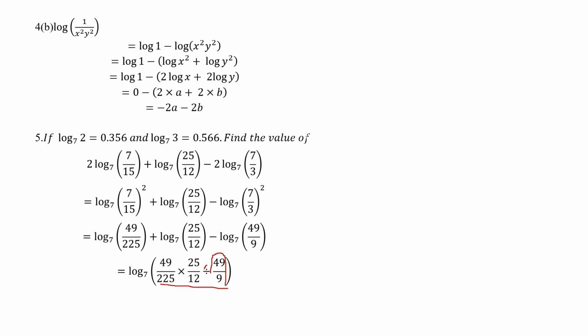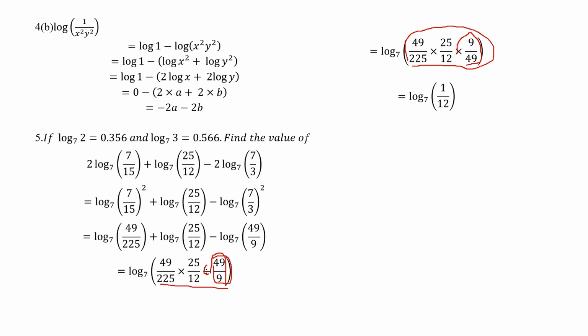Now we can change this sign to become a multiplication sign, and remember we take a reciprocal of this one here. So we shall be having a multiplication of 9 over 49 there. So we multiply everything and we see the result that we are getting. So we get log of 1 divided by 12 base 7.